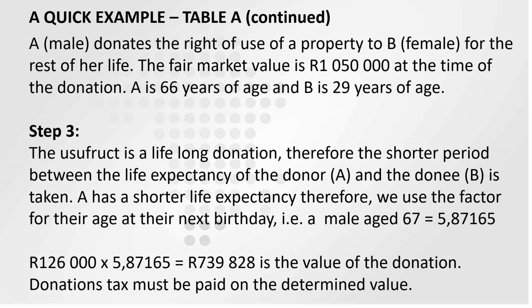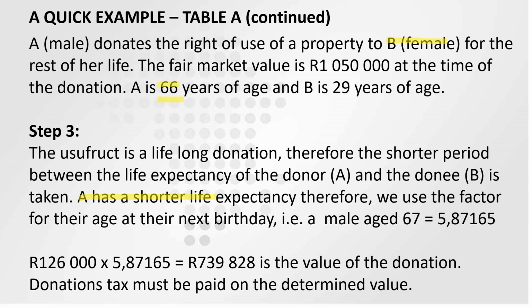We then determine for how long the usufruct is going to be enjoyed. In the example, we say it's for the rest of B's life. Therefore, we know we need to look at the life expectancy factor for B and the life expectancy of A, and we take the shorter life expectancy. Since A is older, they have the shorter life expectancy. And we then go look up in Table A what their factor is, and we take it at their next birthday.